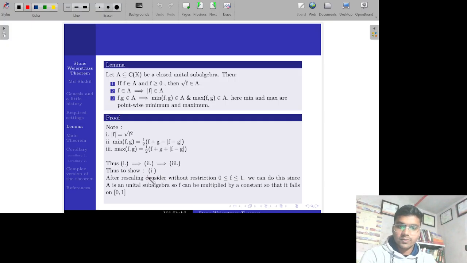So for showing one, we rescale. Suppose f is a positive function, it is given. After rescaling, consider without loss of generality that f falls within the interval 0 and 1. So if f is greater than 1, I can multiply f by some constant k, so that the value of f will decrease and it will fall under the interval 0 to 1.